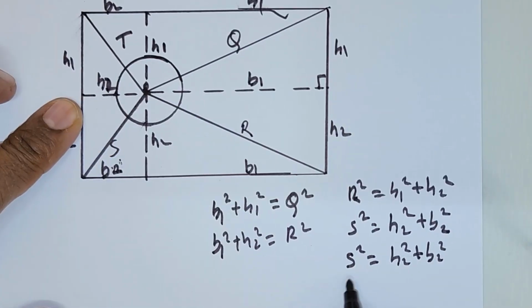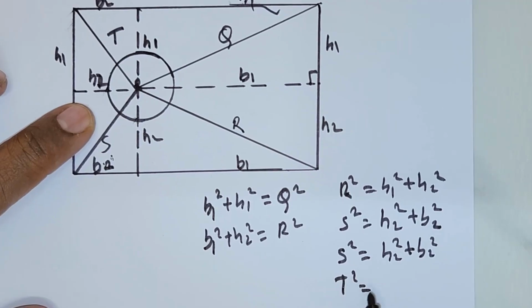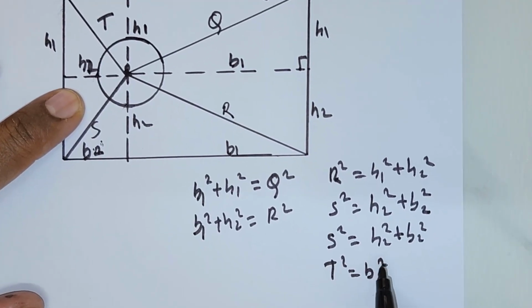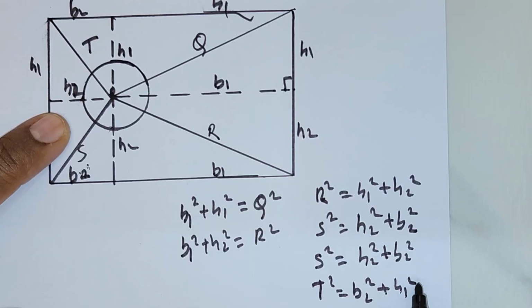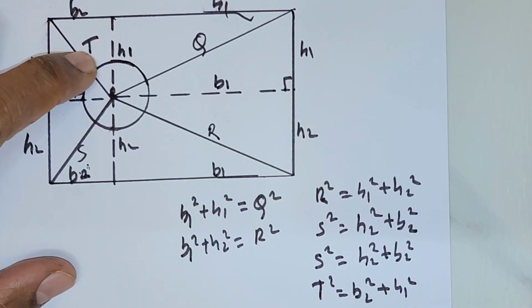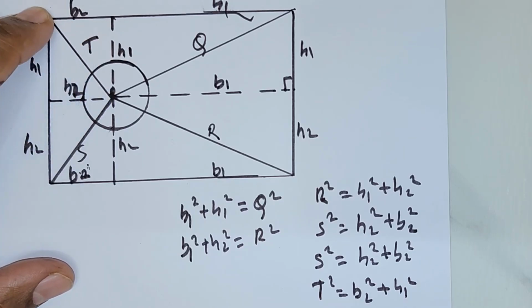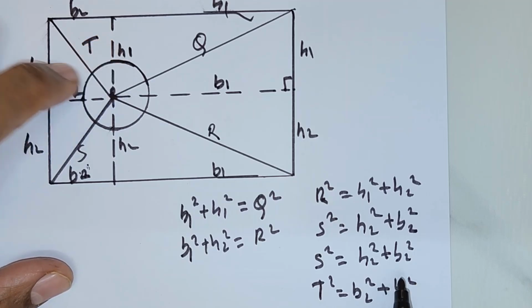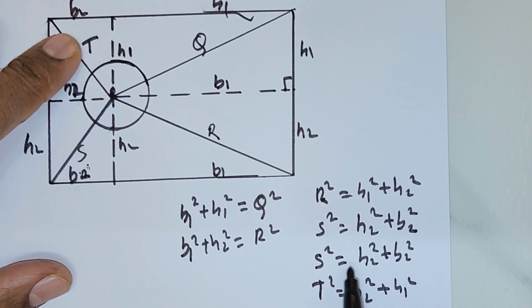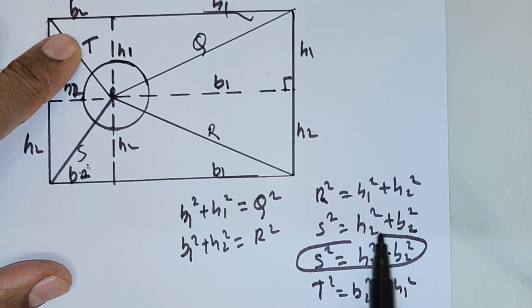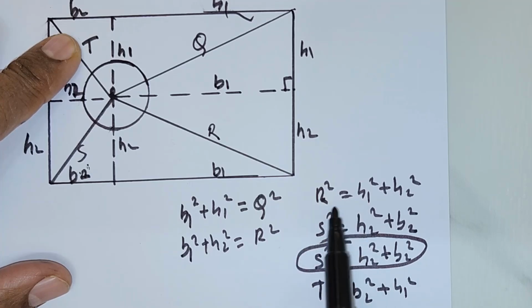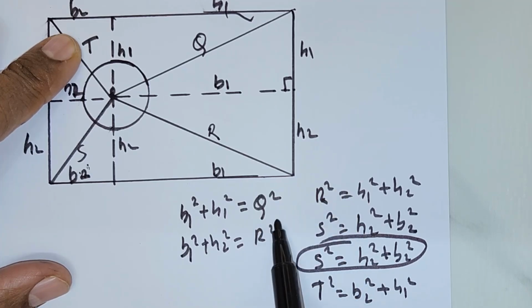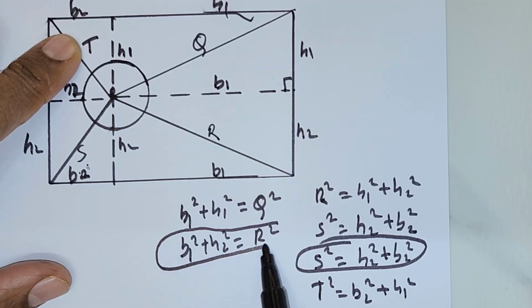From here t squared is going to be equal to b2 squared plus h1 squared. The value for t squared will also be the same, so no need to repeat it. This is actually a repeat here, and even for r squared this has been repeated, right?